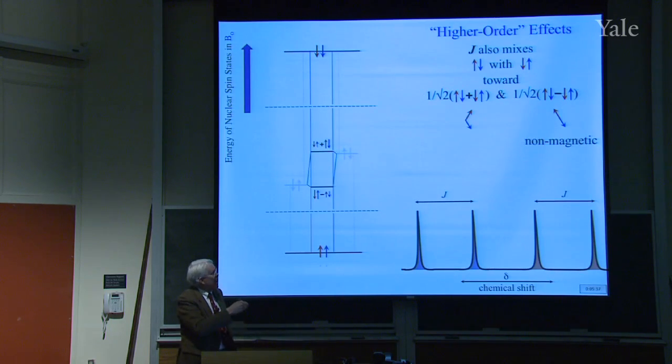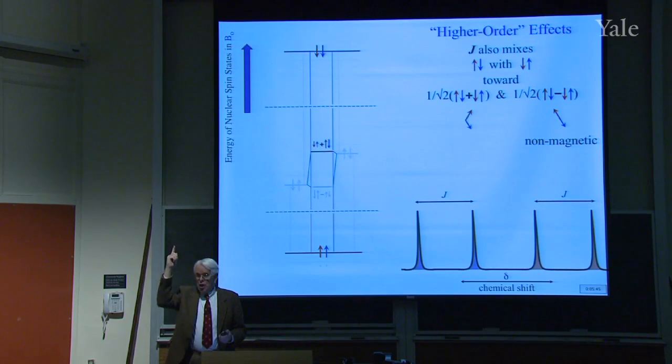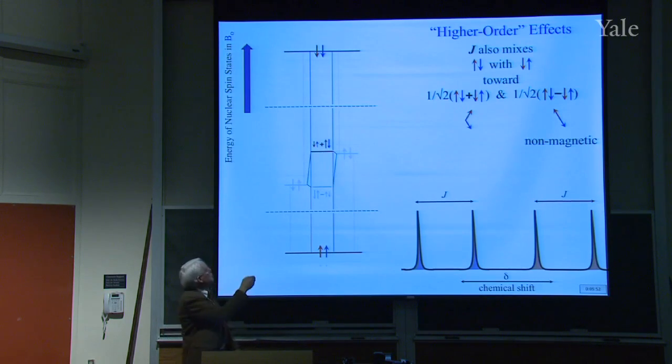That one is non-magnetic, obviously. They cancel one another. But how about the other one? It's not magnetic along Z, but it's just as magnetic along X as either of those other states, the top one or the bottom one.